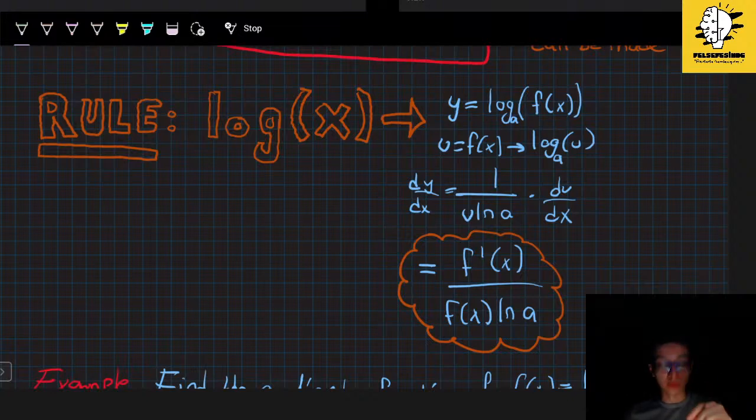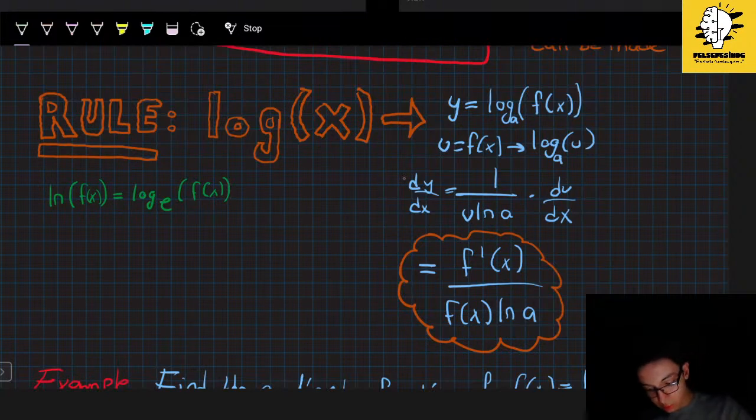1 over u meaning your f(x) times ln a times du over dx. Again, did it remind you of something? Let me tell you what that is. Let's recall our ln f(x). Doesn't this mean log base e of f(x)? Am I right?